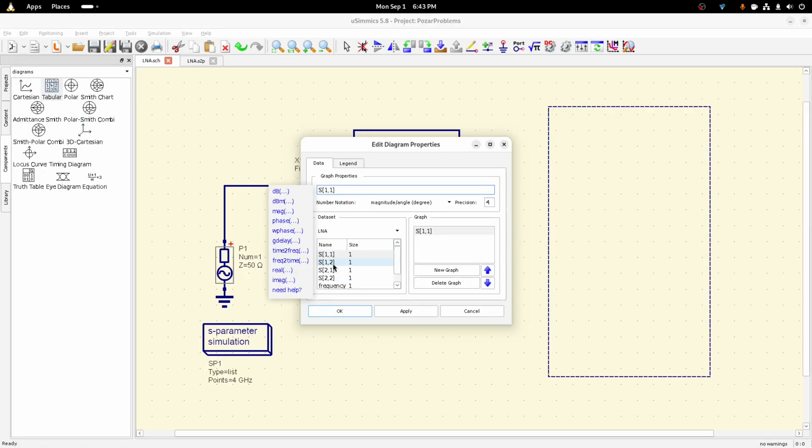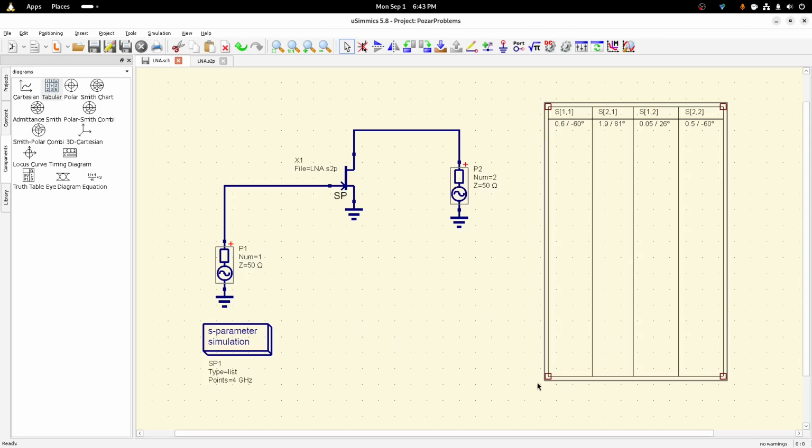So we want the S11, S12, S21, delete him, and do S22, click OK.